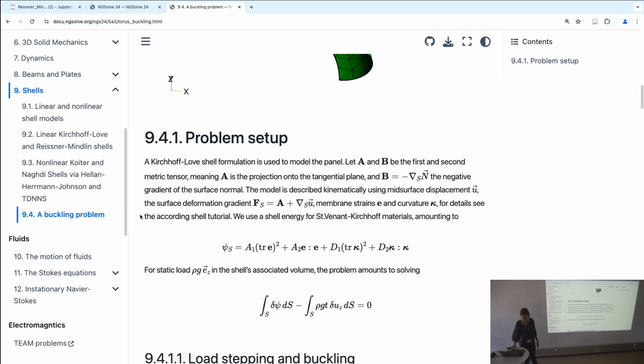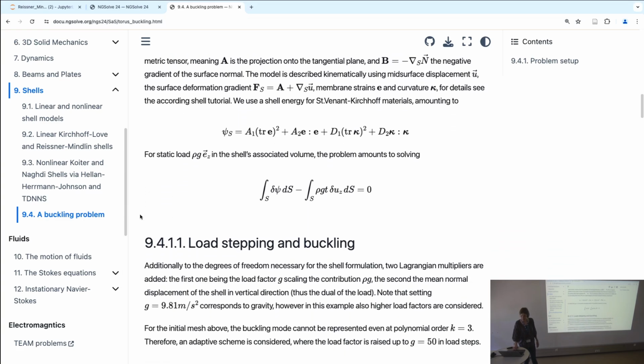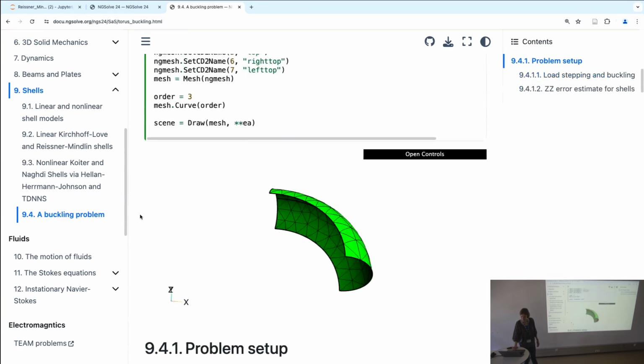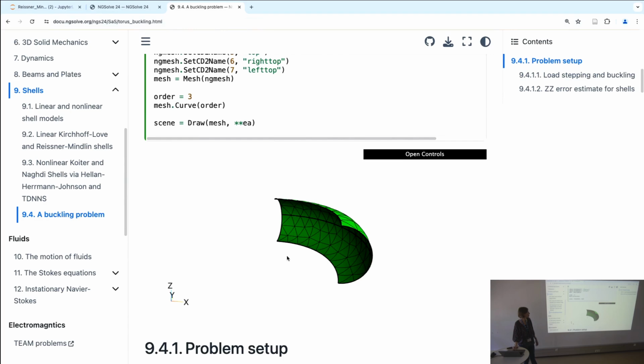It's great. So what we did in this example, that's a toroidal shell. It's fixed at this boundary here below and loaded under its own weight, where the load factor, the gravity, goes up from 0 to 50 to get some exciting things to happen.